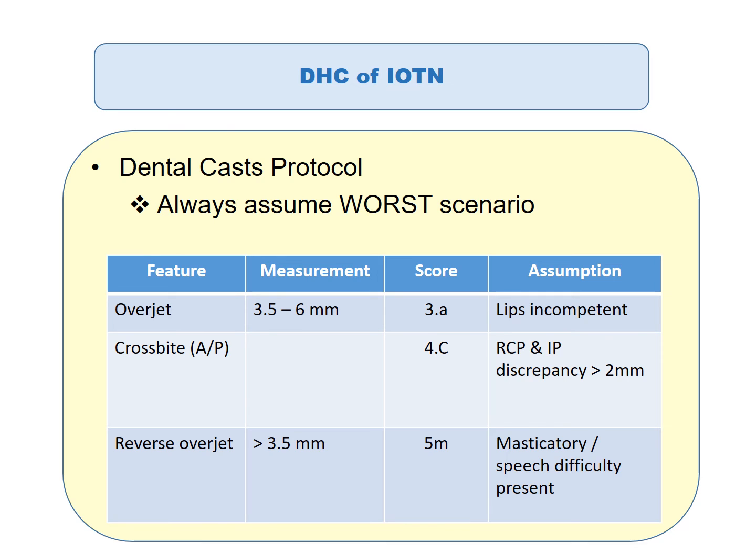Now a reverse overjet more than 3 millimeters is automatically given a score of 5M, assuming that there is masticatory or speech difficulty present.